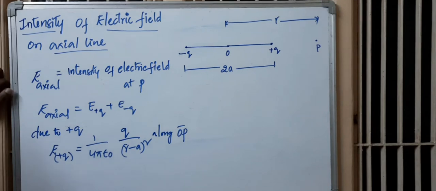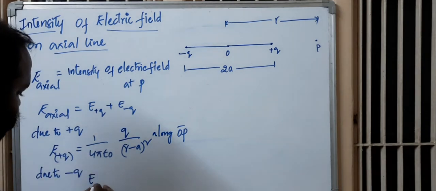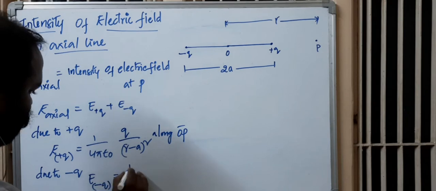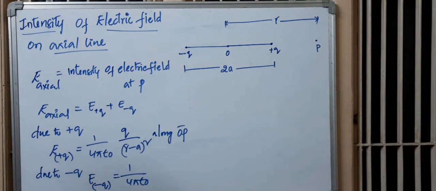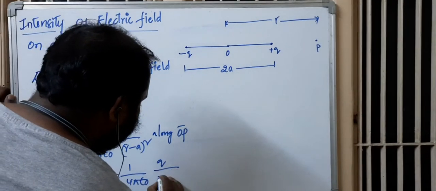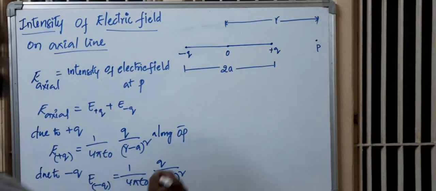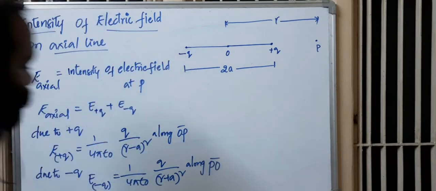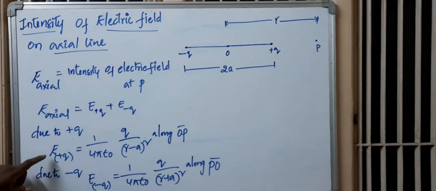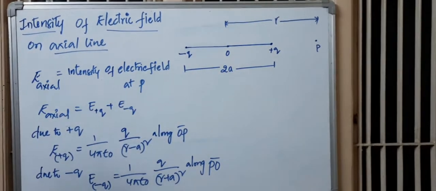In the same way, due to minus Q, it will be equal to 1 by 4 pi epsilon naught, Q by (r plus a) whole square along P. So we have calculated the electric field at this point as well as this point.